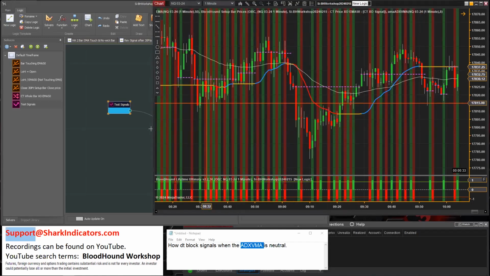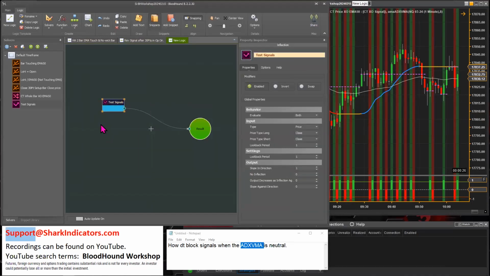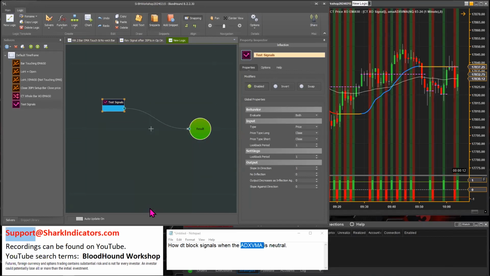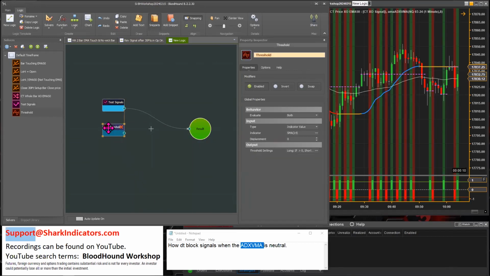It just generates a ton of signals, something to work with. All right, now we can create that ADXVMA filter. So we're going to use the threshold solver with this indicator.